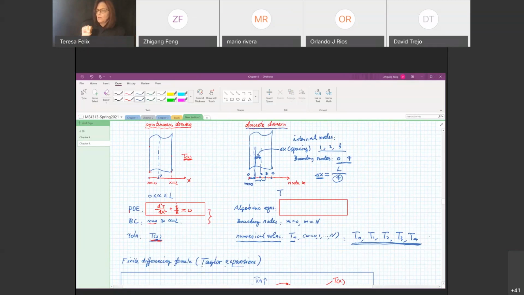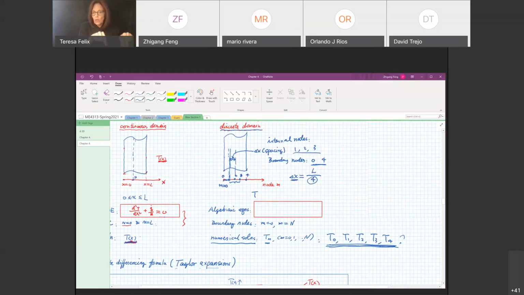How do we find these solutions? We need an equation. Just like when we solve for the continuous solution T(x), we need a differential equation. To find this discretized temperature at the node points, we need algebraic equations. So the question is, what are those algebraic equations, and how do we derive them? Also we need the boundary conditions, the equations for the nodes at these two boundaries.